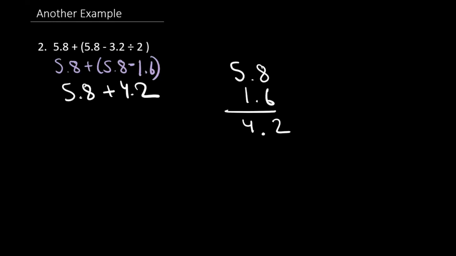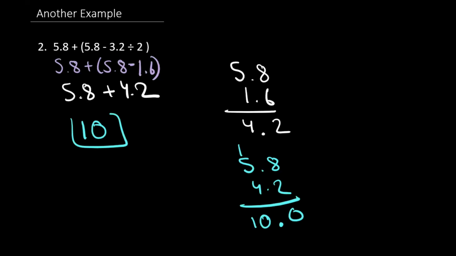We have to add those two things. 8 plus 2 is 10. 5 plus 4 is 9, plus 1 is 10. And we put the decimal point here. Our answer is 10. I'm going to write it over here and then box it.